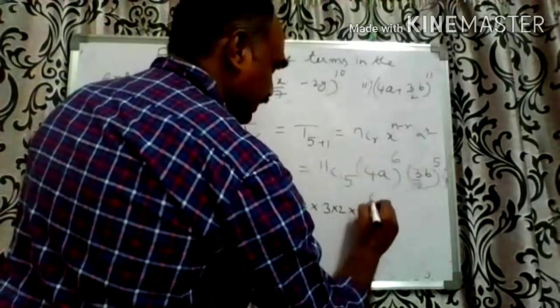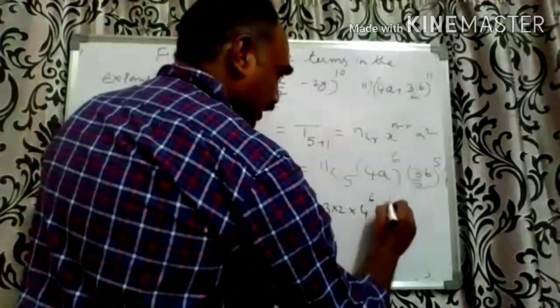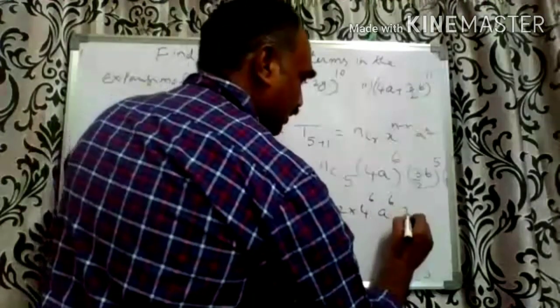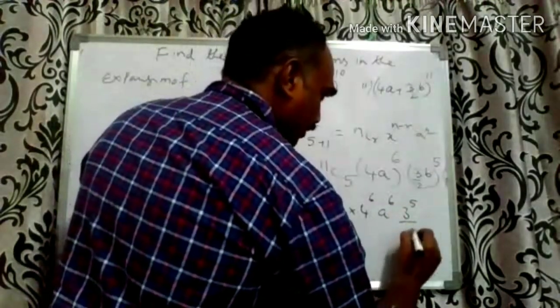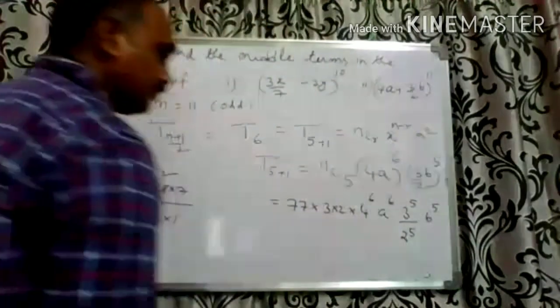Into 4 power 6 into a power 6, 3 power 5 by 2 power 5 into b power 5.